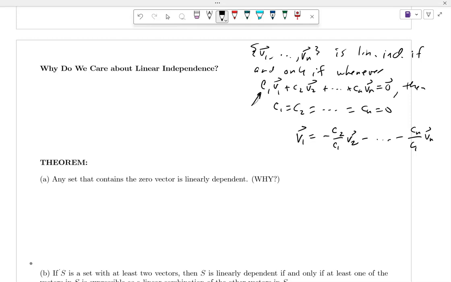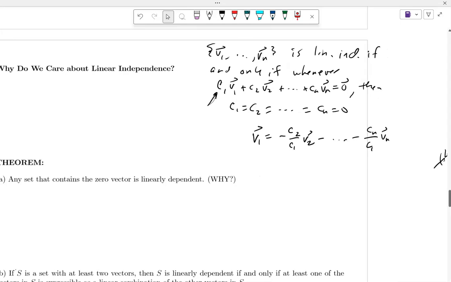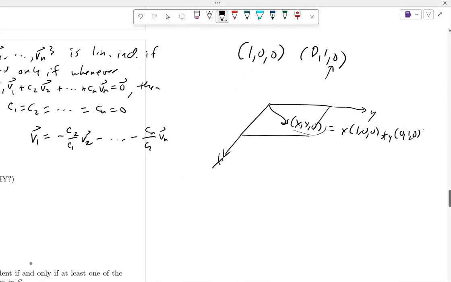This is what I was mentioning over here in the plane. If I tried to throw (x, y, 0) in there, then I know that I could use x times this plus y times this minus that gives me the zero vector. Then I could solve for any of these in terms of the others, as long as my x and y aren't 0.